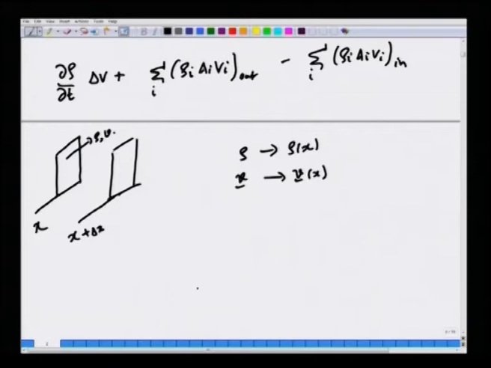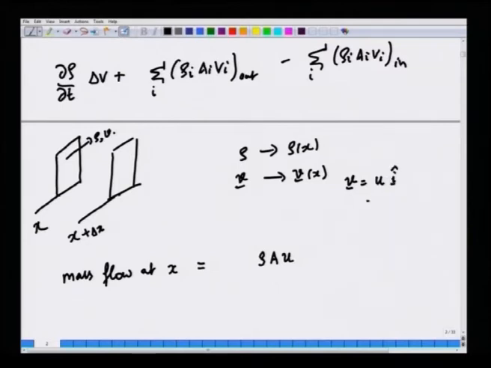So, we will have to evaluate, in order to find out the mass flow at x, rho A times u. Velocity is a vector, it is u times i plus v times j plus w times k. So, u is the x component of the velocity evaluated at face x.